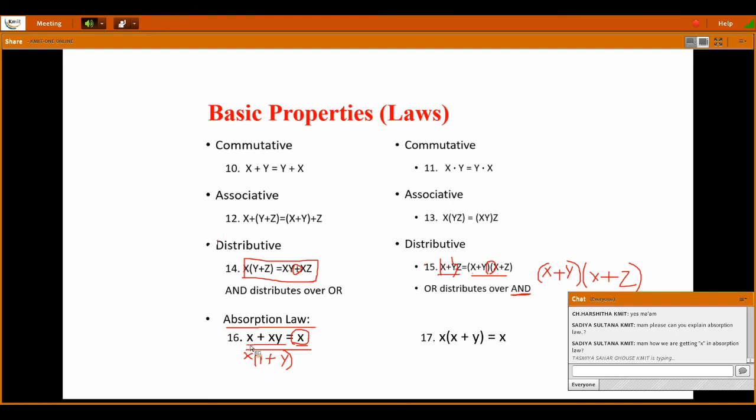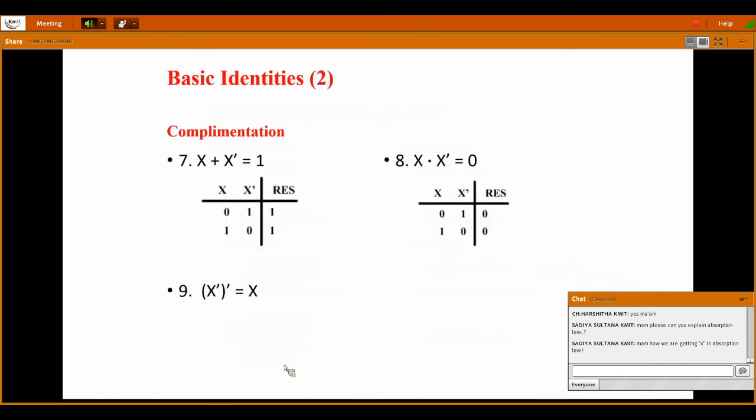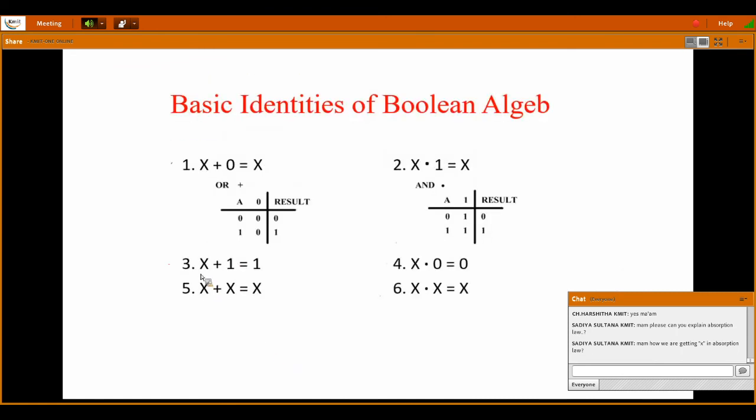So your expression on the LHS is x plus xy. So now take x as common. Now what you will have? 1 plus y. Now what is 1 plus y in the operator? 1 plus y or 1 plus x.